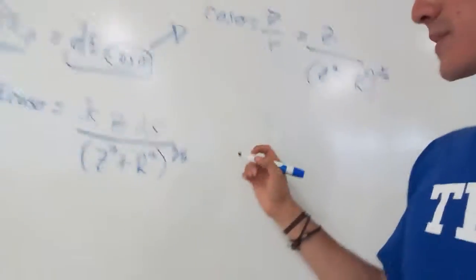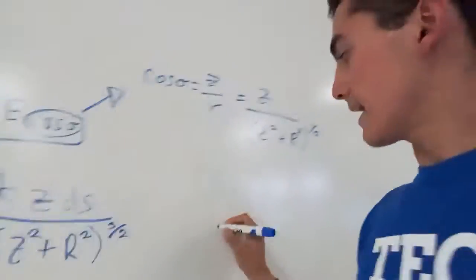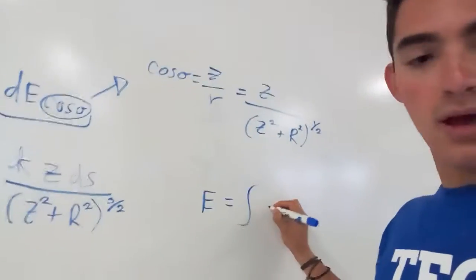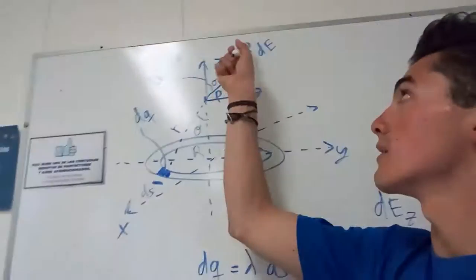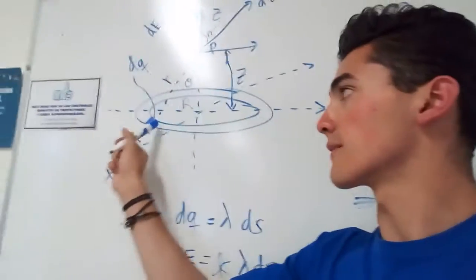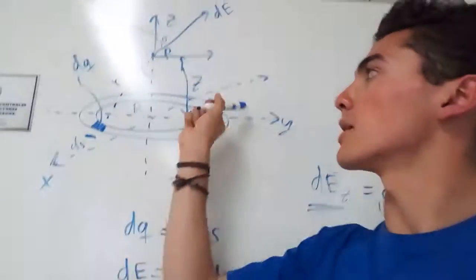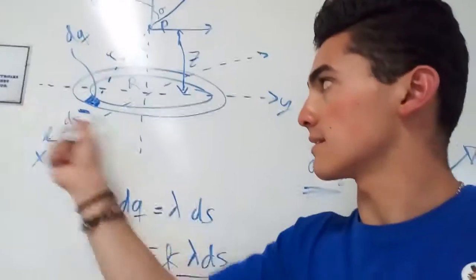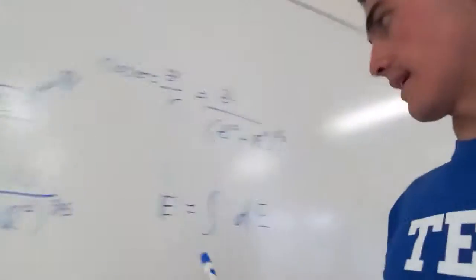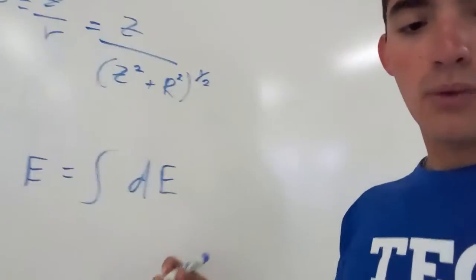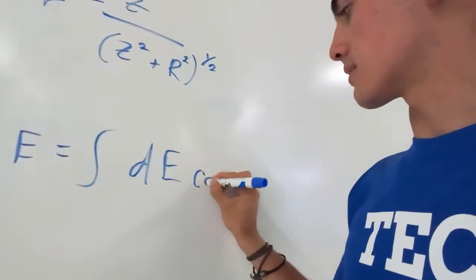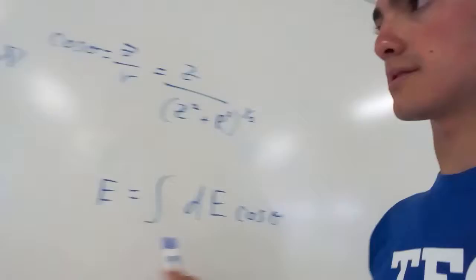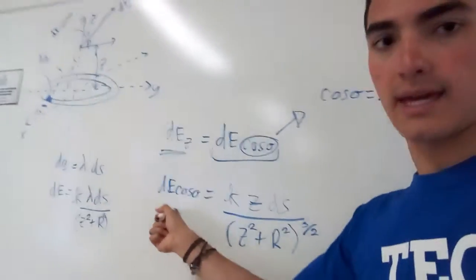we can establish that the electric field is equal to the integral of dE, that is the part of the electric field in this small piece, but we want to integrate it to obtain the electric field of the whole ring. So as we integrate, we will obtain the integral of dE times the cosine of theta, because that's what we are working with in here.